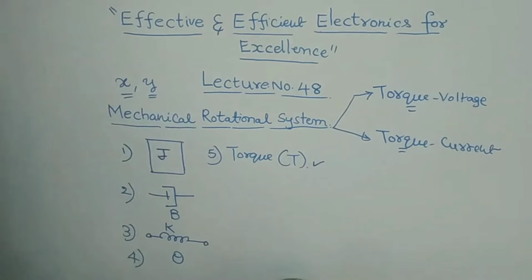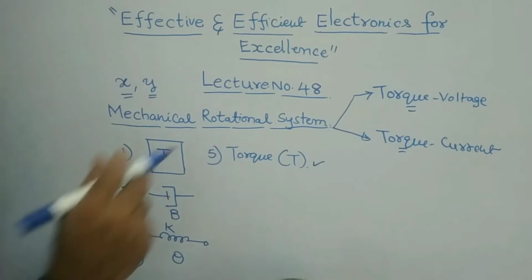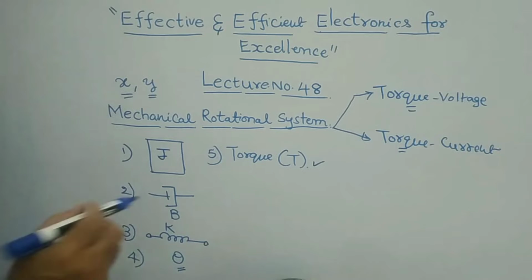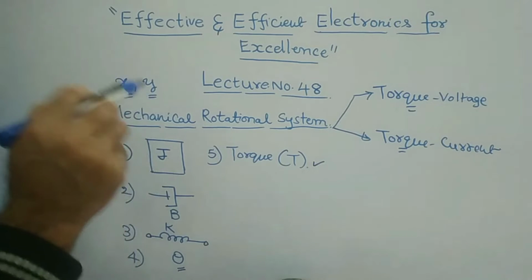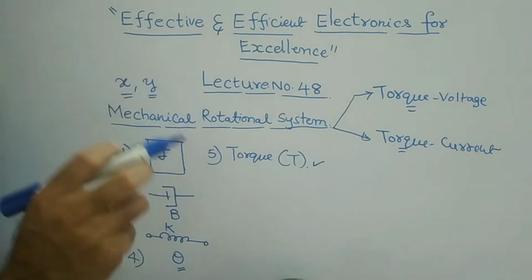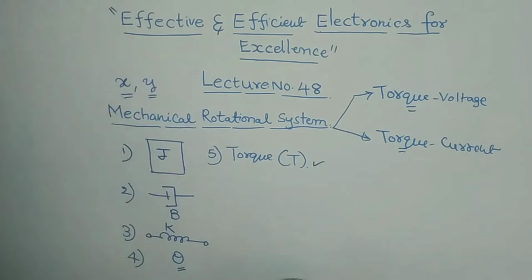To represent the displacement we used the letters small x or small y, whereas in the mechanical rotational system we use the displacement as theta. And for the mass element, we used the letter m, whereas here it is the moment of inertia.